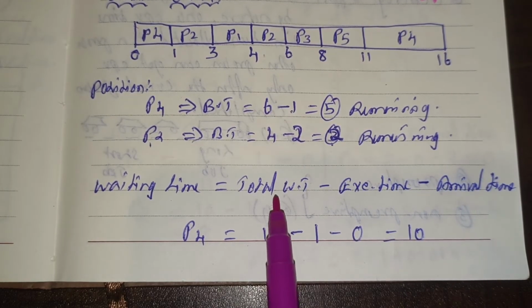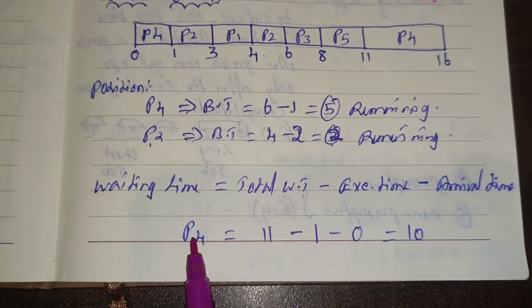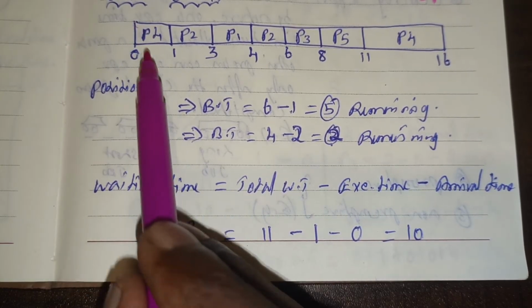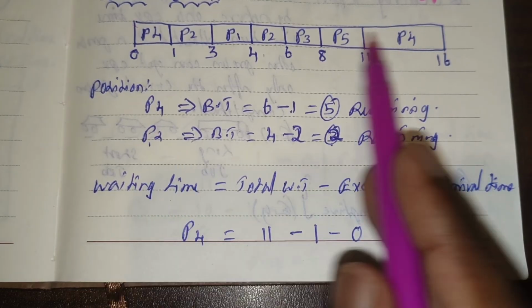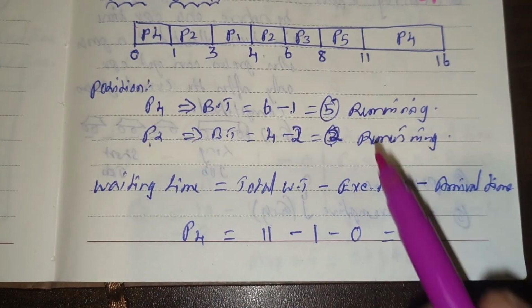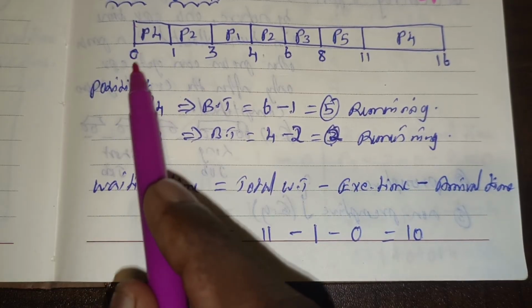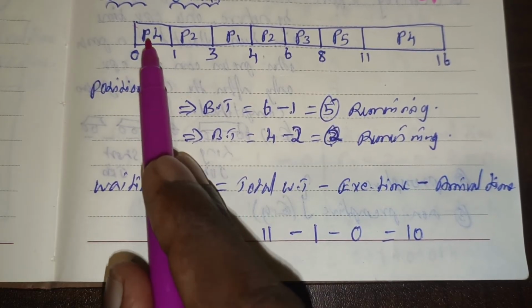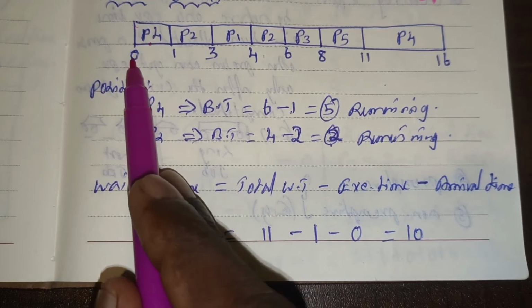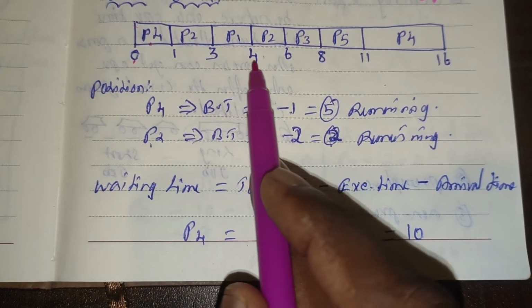Okay. So what is the total waiting time for P4? I have taken P4 because it will give a better understanding. P4 waiting time is not 0. Why? Because it is initially waiting. There is no waiting here because it comes at 0. After that, please check it.